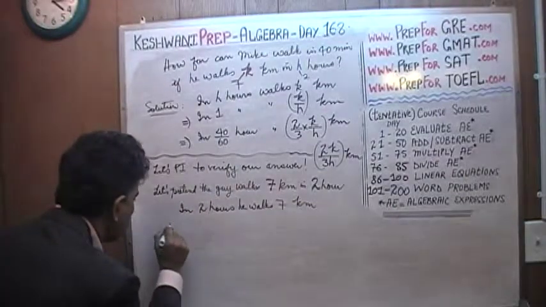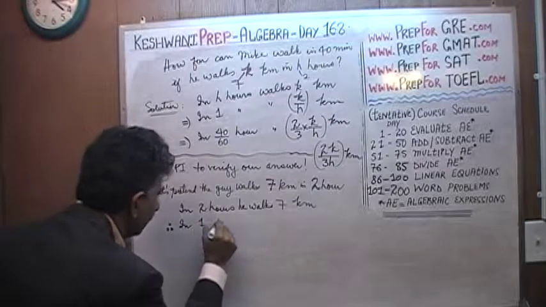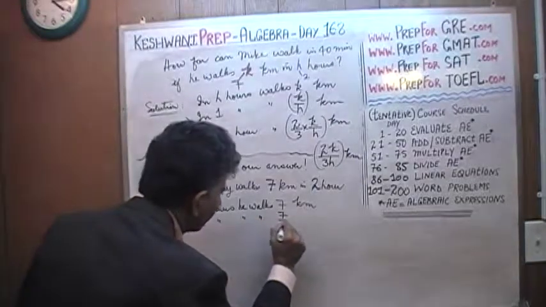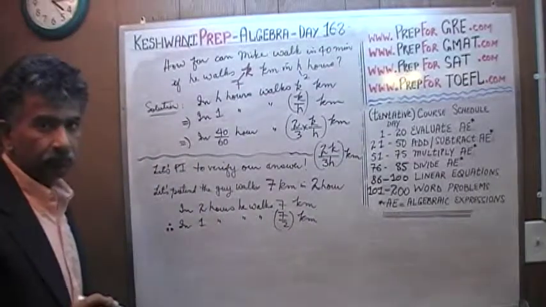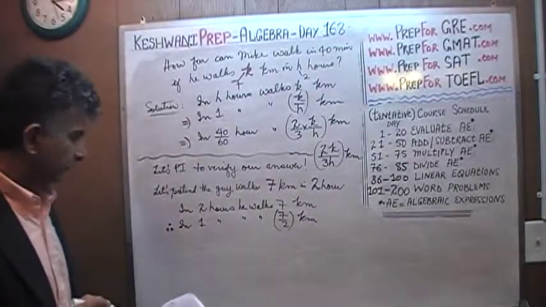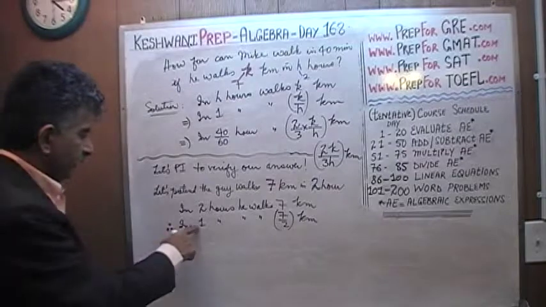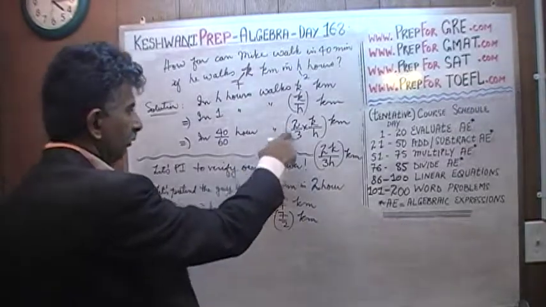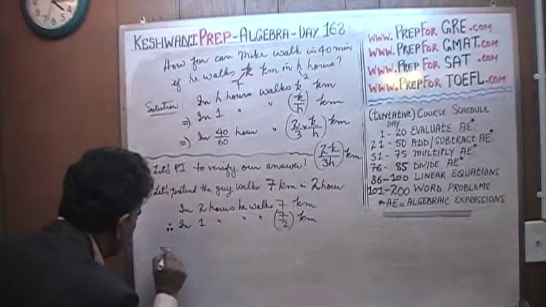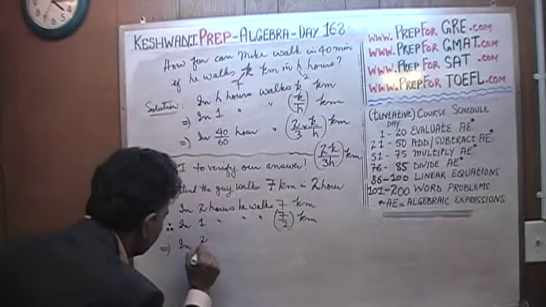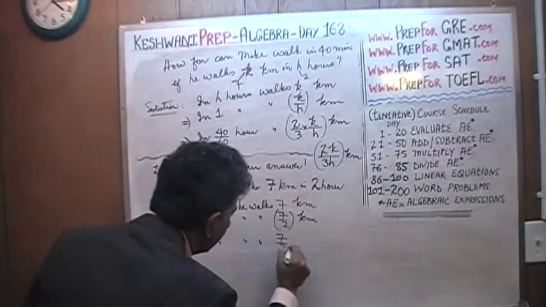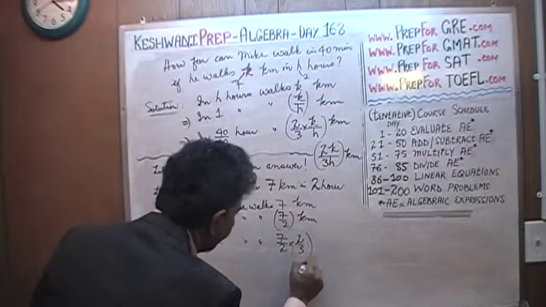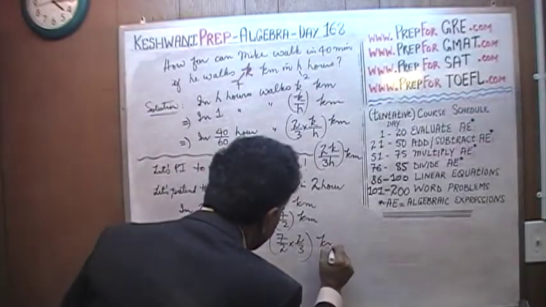Therefore, in 1 hour he must walk half as much, 7 over 2 or 3.5 kilometers per hour. But he's not walking for 1 hour, he's walking for 2/3 of an hour. That implies that in 2/3 of an hour, he should be able to walk 7 over 2 times 2/3 kilometers.